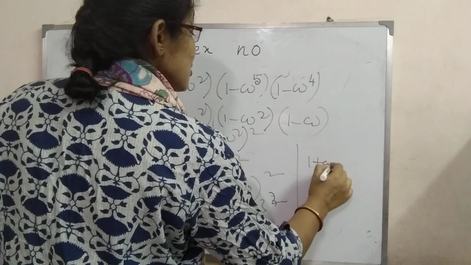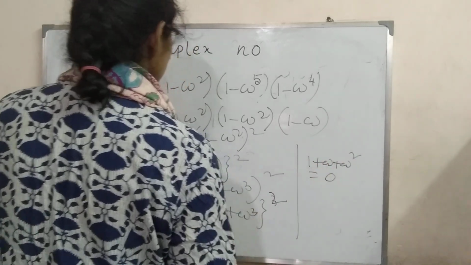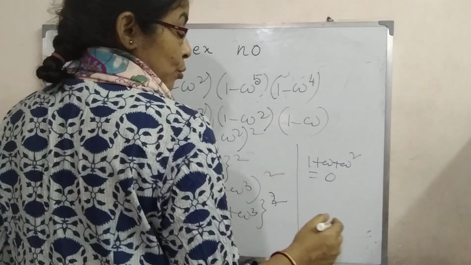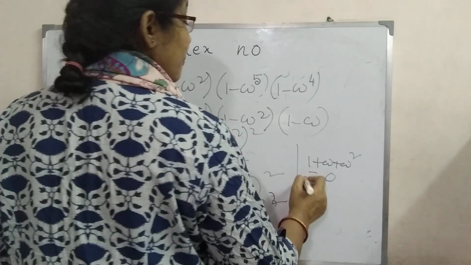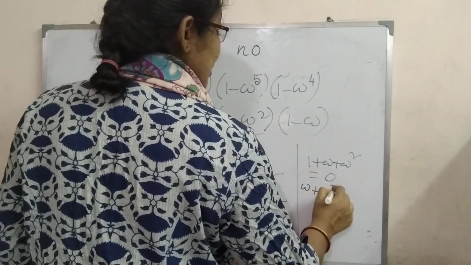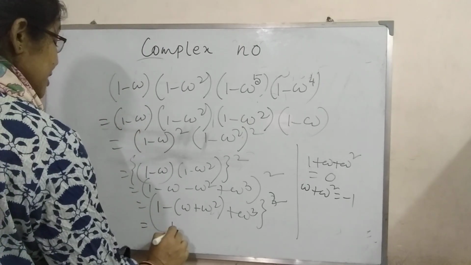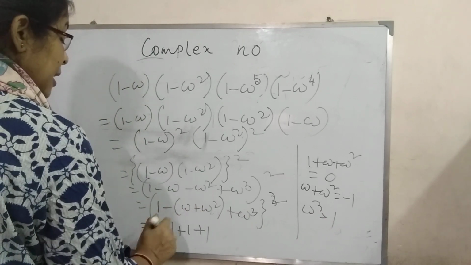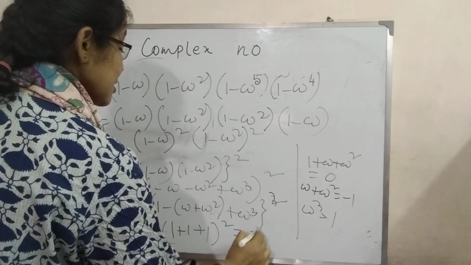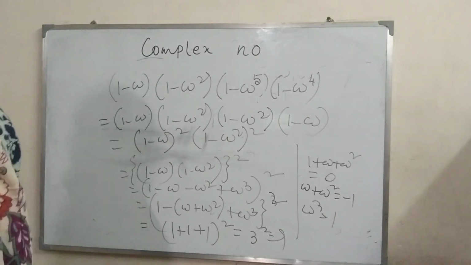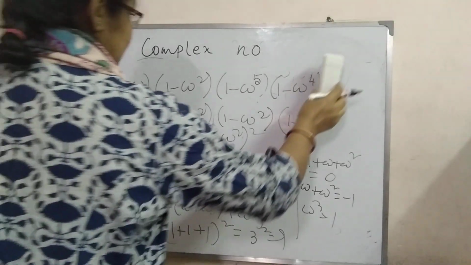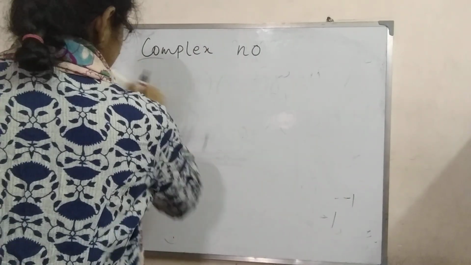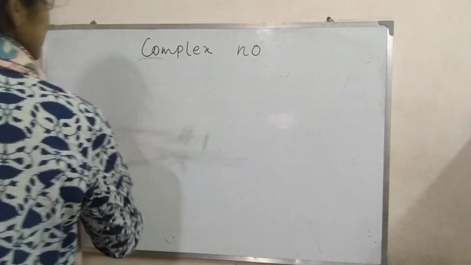I know 1 plus omega plus omega square equal to 0, since omega is the imaginary cube root of unity, so omega plus omega square is equal to minus 1. So I can write (1 plus 1 plus 1) square, that is 3 square equal to 9. The answer is 9.